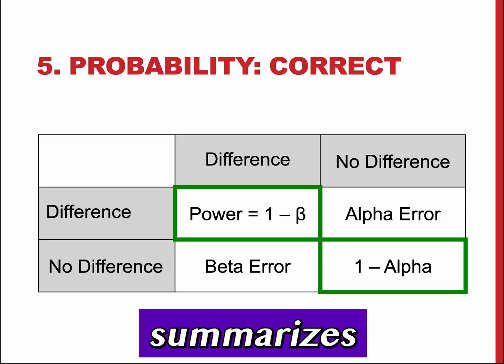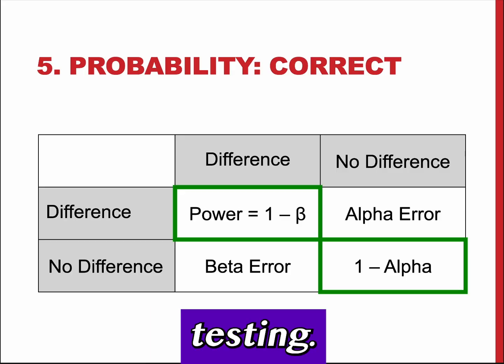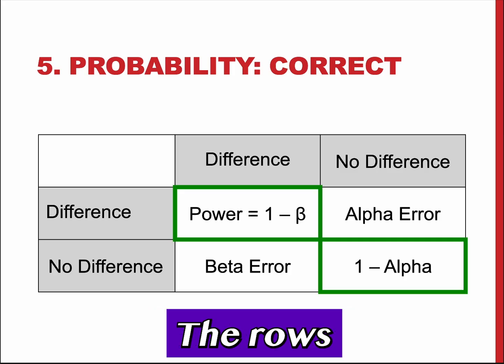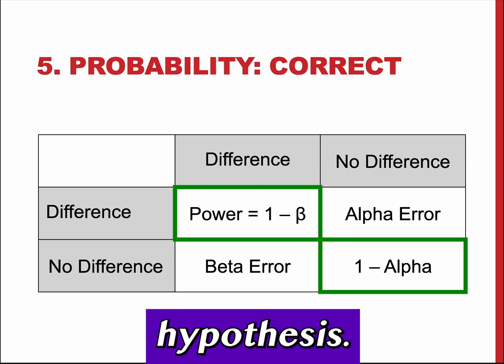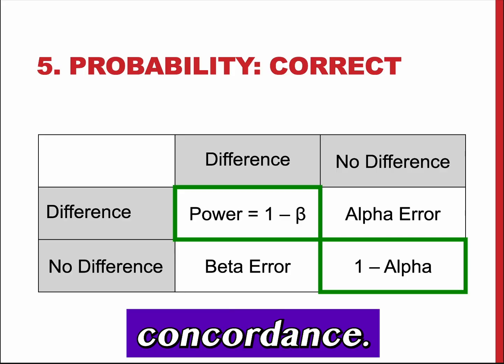This 2x2 table summarizes the conclusions that can be made with hypothesis testing. The columns represent the truth, whether there is a difference or no difference. The rows represent the conclusions made in either rejecting the null hypothesis or failing to reject the null hypothesis. In this table, the green bordered cells indicate areas of concordance.